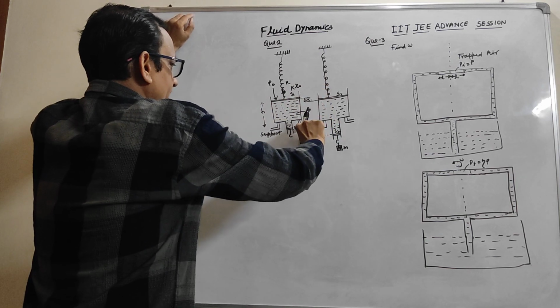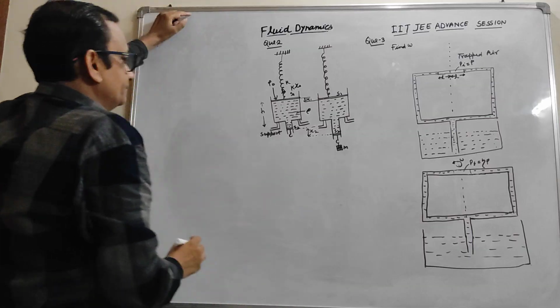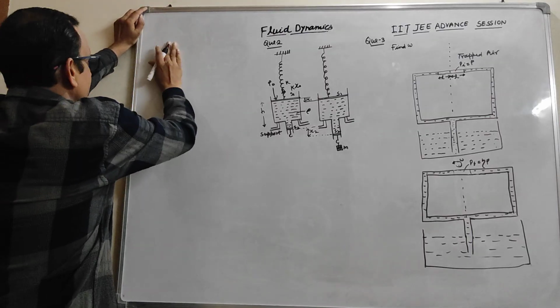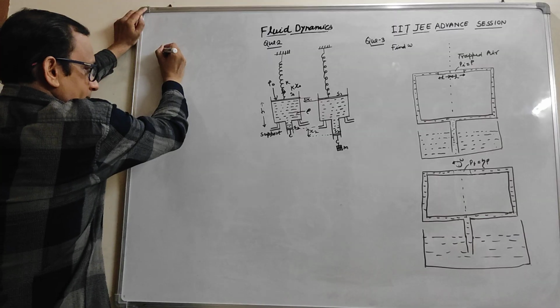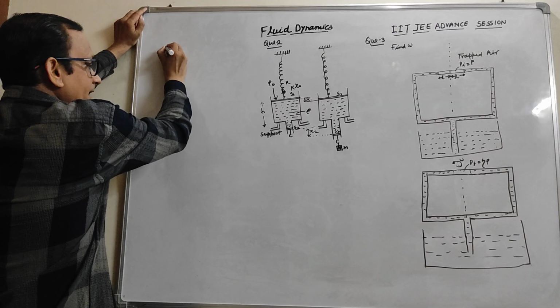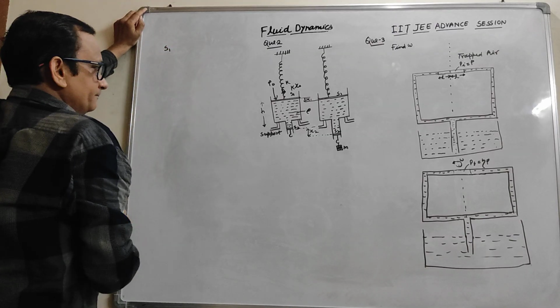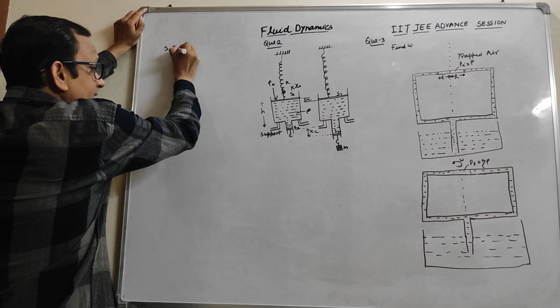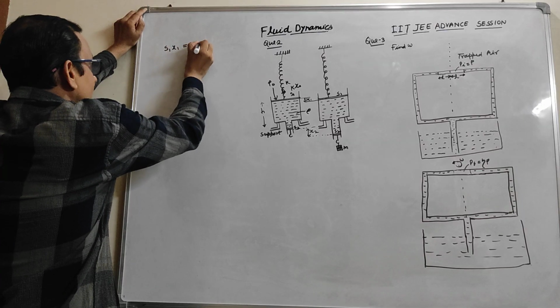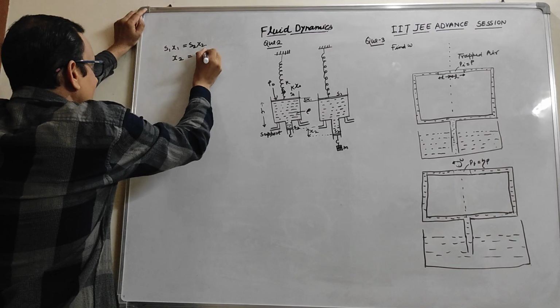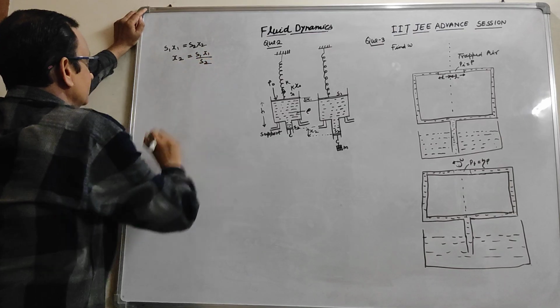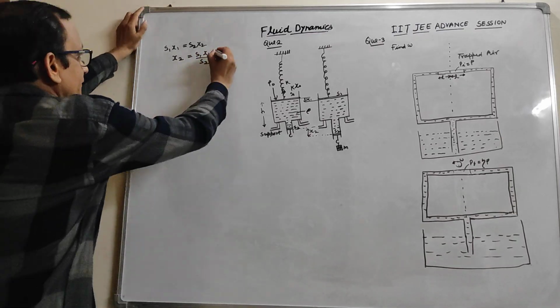So equating the volumes, S1 x1 is equal to S2 x2, so x2 becomes S1 x1 upon S2. This is the first equation.